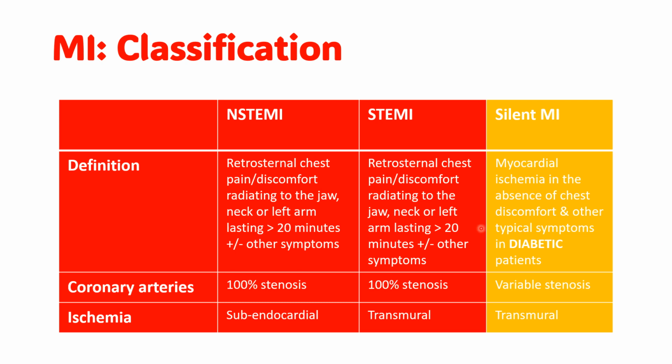Okay. And then in NSTEMI and STEMI, I mentioned this previously, there tends to be 100% stenosis in the coronary arteries, and then in silent MI, this can be variable. NSTEMI ischemia is subendocardial, STEMI is transmural. This is important when we look at the ECG features.